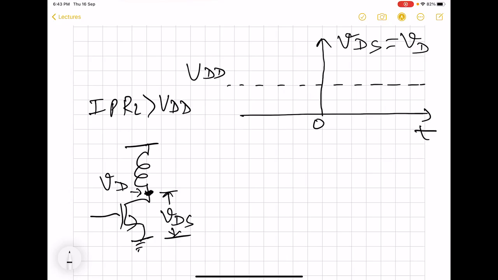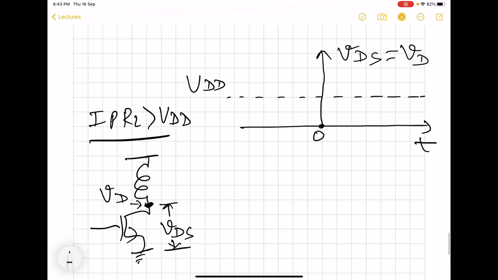And that is why we have the y-axis starting from this 0 level. So if this scenario occurs, then we are going to get a waveform which will be slightly flat at the bottom, like this.